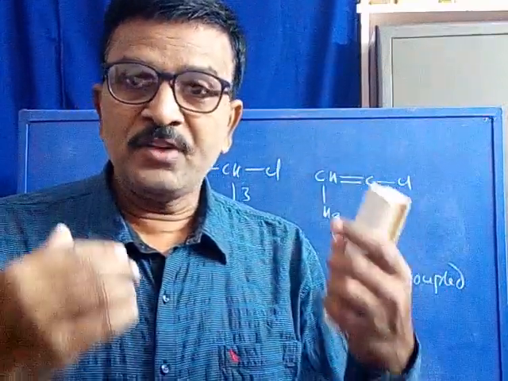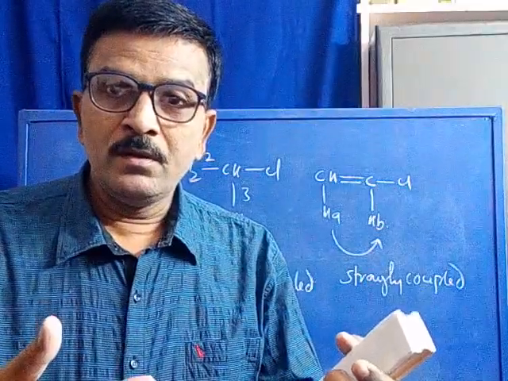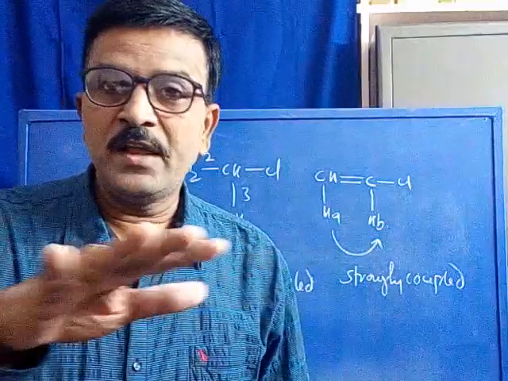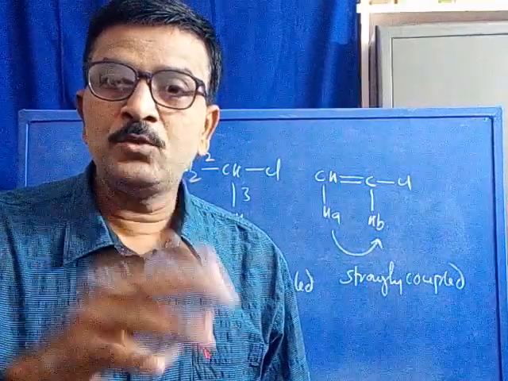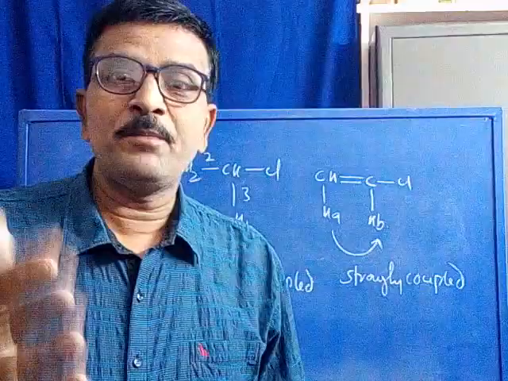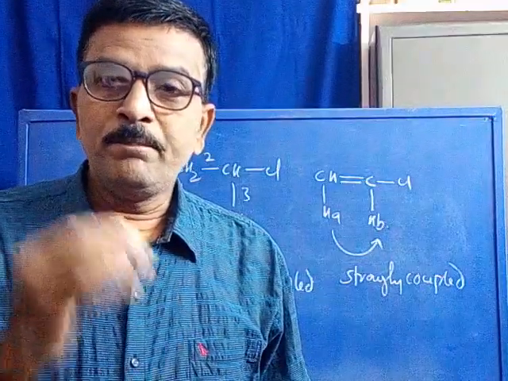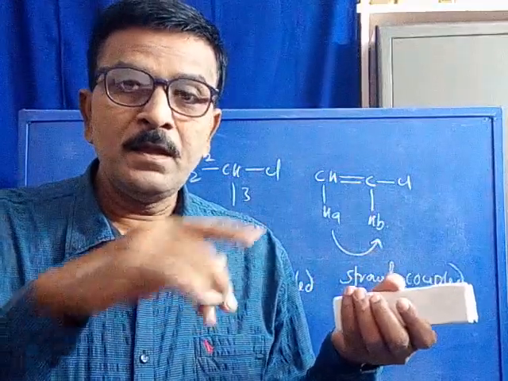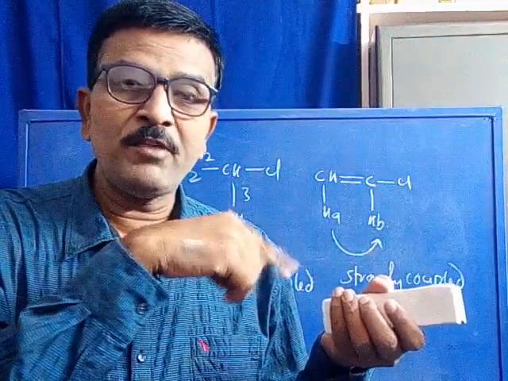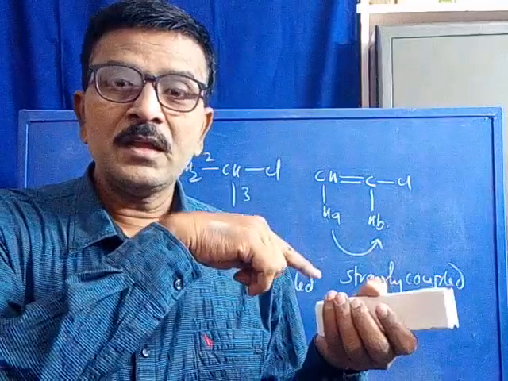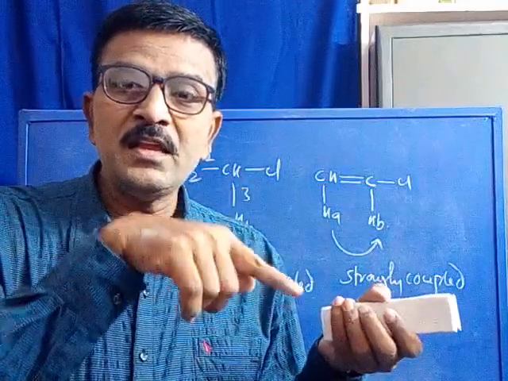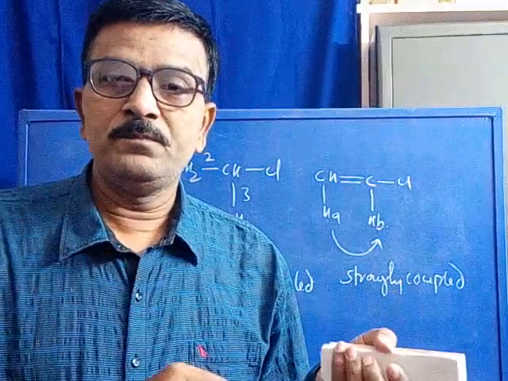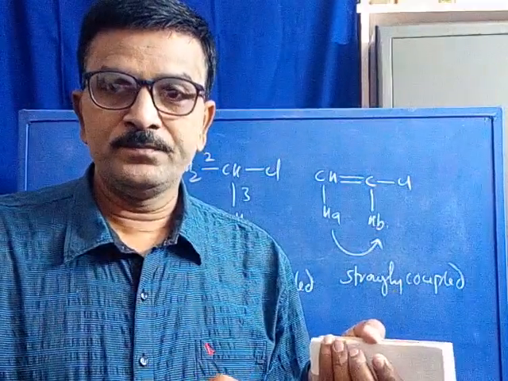This is because when all bonding electrons are in one plane, the transmission of nuclear spin from one set of protons to the other can be very easy. It can be easily transported in order to couple. Therefore, strongly coupled.